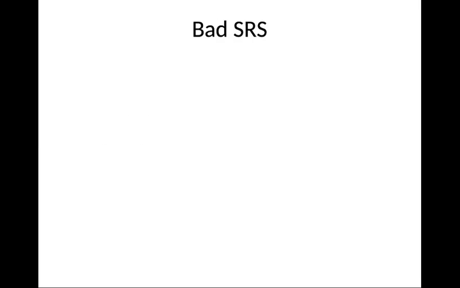Next, we'll see what attributes contribute to a bad SRS document. So first one is over specification. Over specification means, as I mentioned earlier, that how to do a thing should not be mentioned in the SRS. We should mention only what should be done.